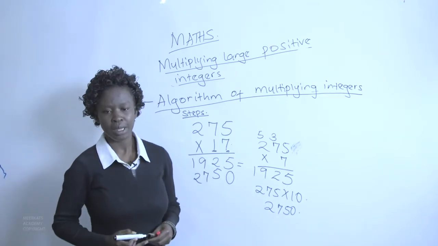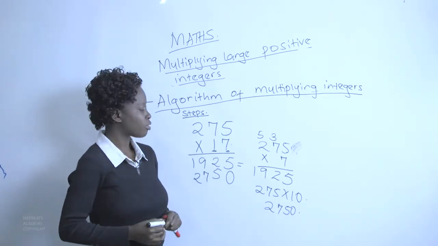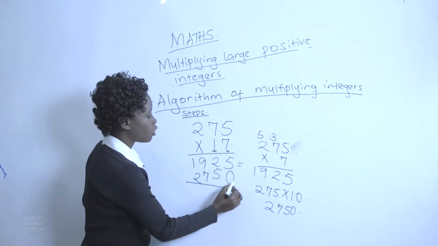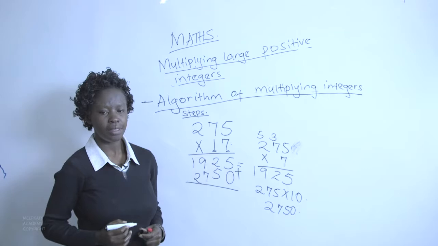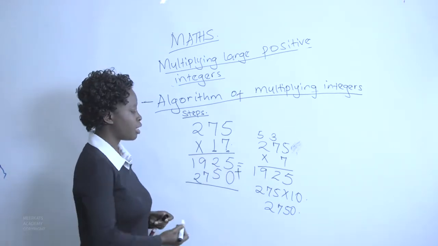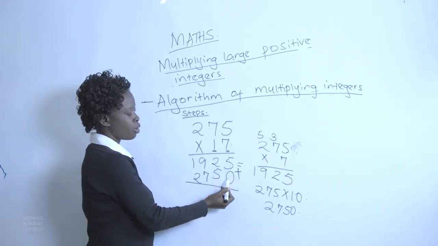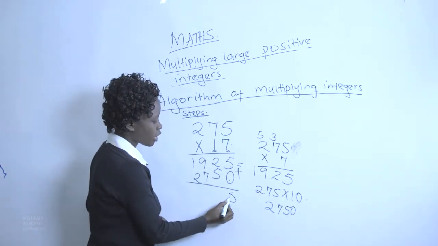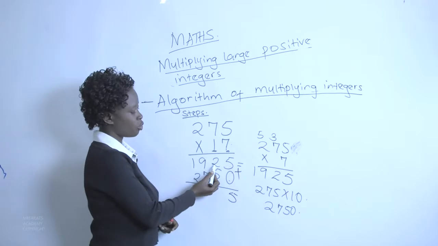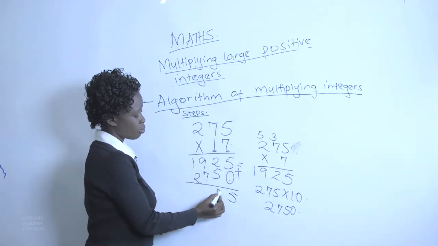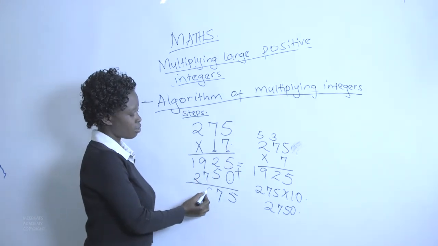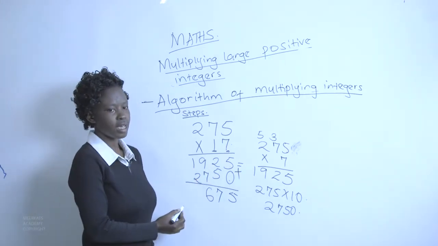After we've multiplied the two numbers, the next step is addition of the two numbers. So we add the two numbers that have been obtained. This means that I have 5 plus 0, which will give me 5. Then we have 2 plus 5, that gives me 7. 9 plus 7, we get 16. So we write 6, carry 1.